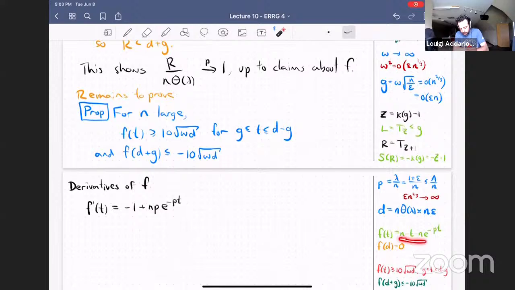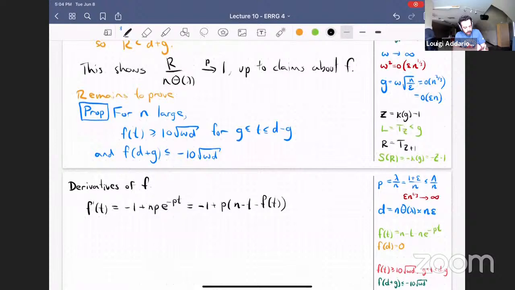Okay, remember f is over here. And I can rewrite that if I like as minus 1 plus p and then n minus t minus f of t. So I've just used that n minus t minus f of t is n e to the minus pt.